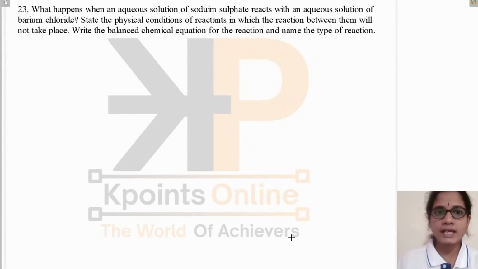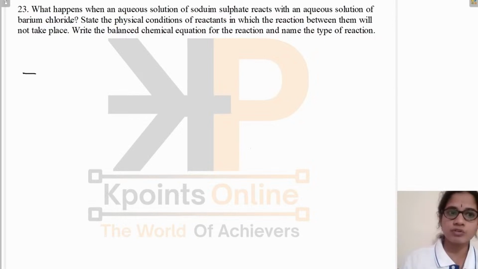What happens when an aqueous solution of sodium sulfate reacts with an aqueous solution of barium chloride? State the physical conditions of reactants in which the reaction between them will not take place. Write the balanced chemical equation for the reaction and name the type of reaction. First we have to write the equation for the reaction, that is aqueous solution of sodium sulfate, Na2SO4.